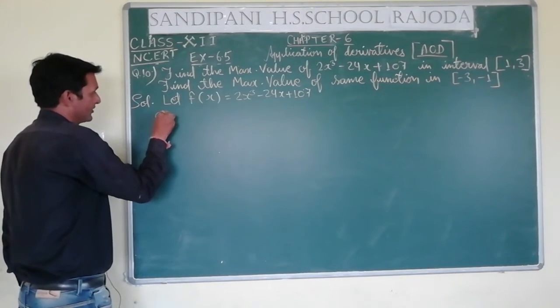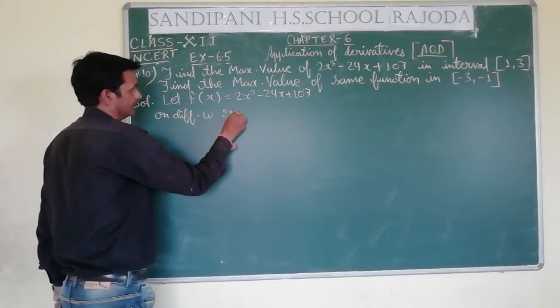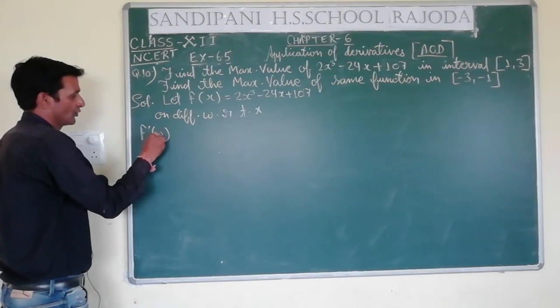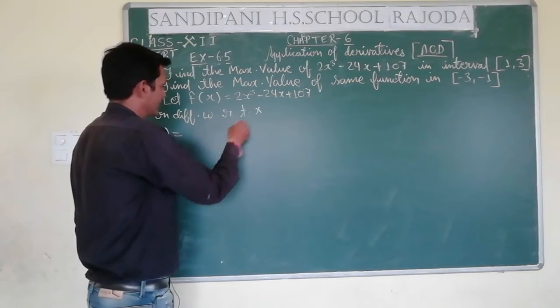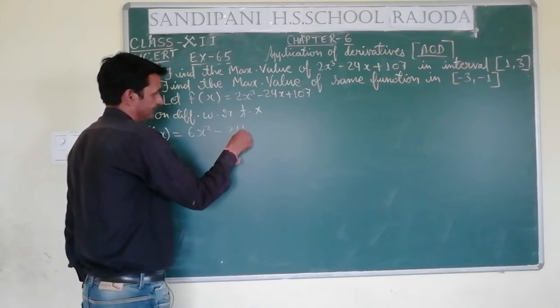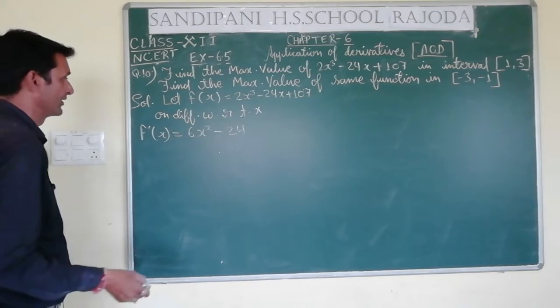On differentiating with respect to x, f′(x) is equal to what? 6x² − 24. This is the first derivative.